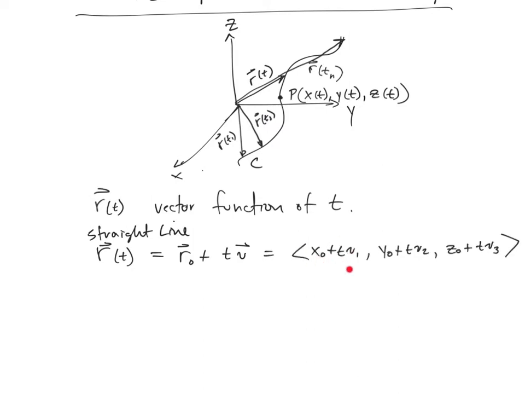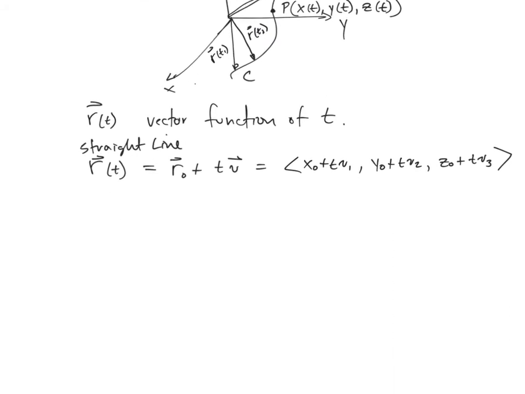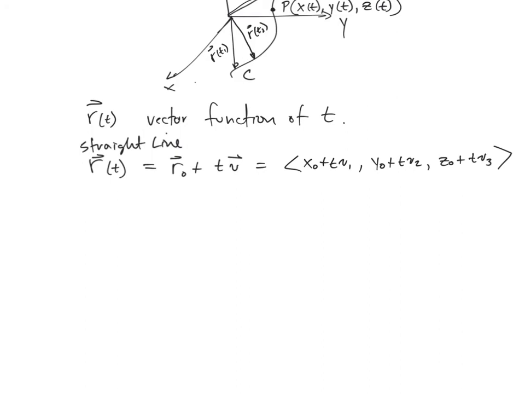So x equal to this, y equal to this, and z equal to this are just our parametric equations for a line. But we can write it in this position vector notation. So that means we're not just limited to straight lines now in 3D space. We can have any curve in 3D space, and we can use a parametric representation to define or write it down.